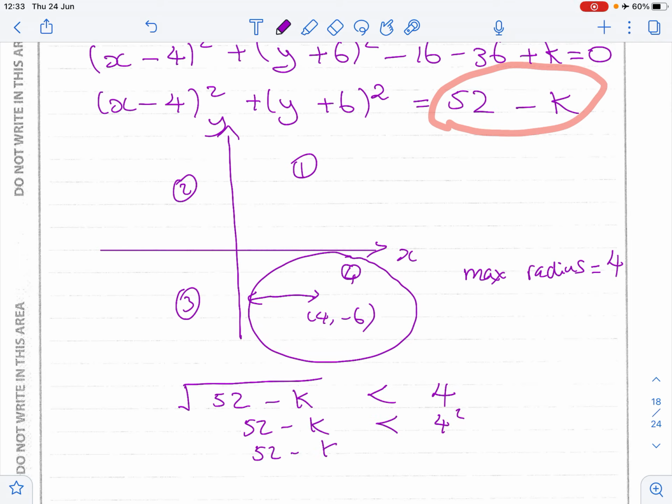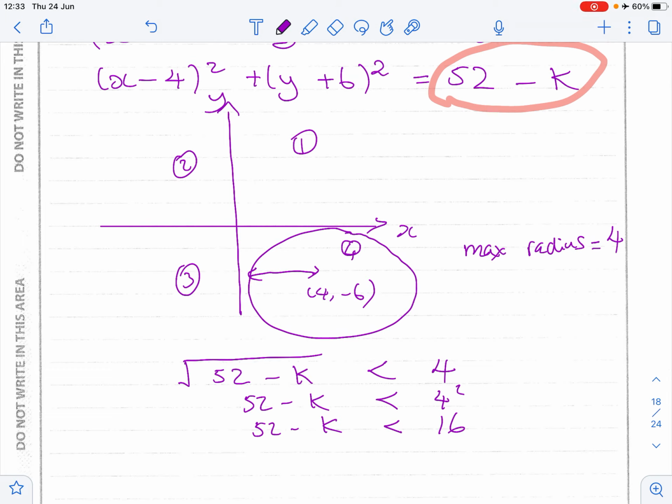So 52 minus k is less than 16. Therefore, k must be greater than 36. So remember, it's entirely inside, so this sign is very important. It's less than. If it's less than or equal to, it will be lying on the line, so it's not inside. So the symbol must be strictly less than.